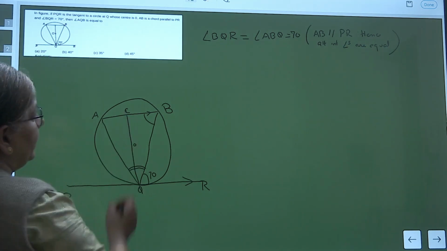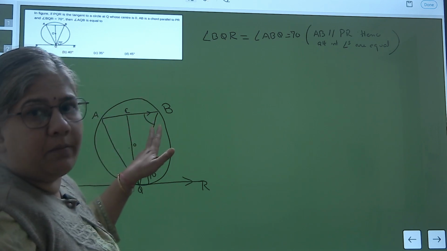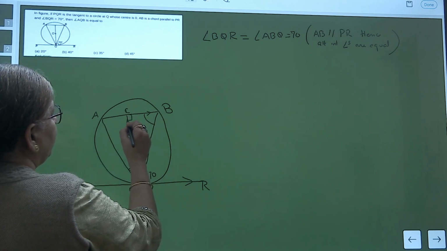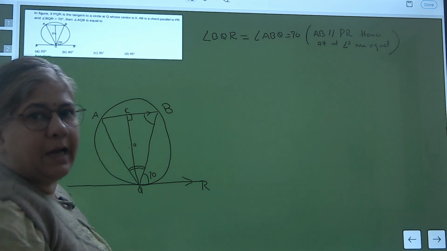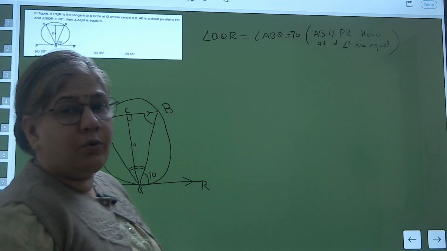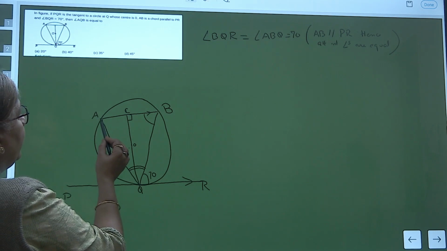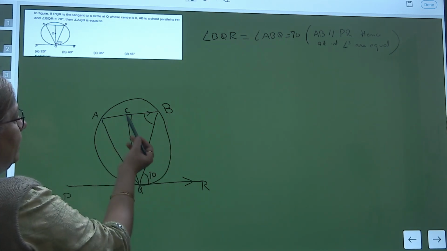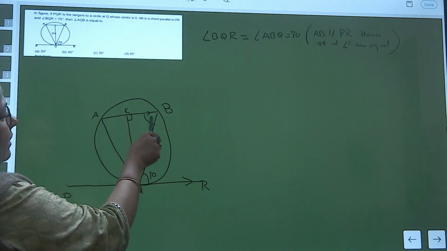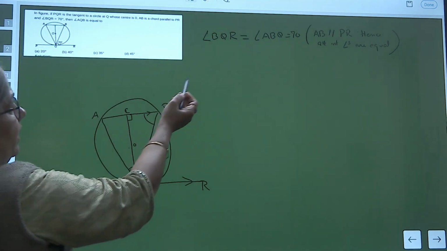That means OC is the perpendicular bisector of the chord AB. That is, a line drawn from the center of the circle to the chord bisects the chord. So we can say AC is equal to BC. We have to prove these two triangles, ACQ and BCQ, congruent. If we can prove them congruent, then we can say angle A is equal to angle B by CPCT.